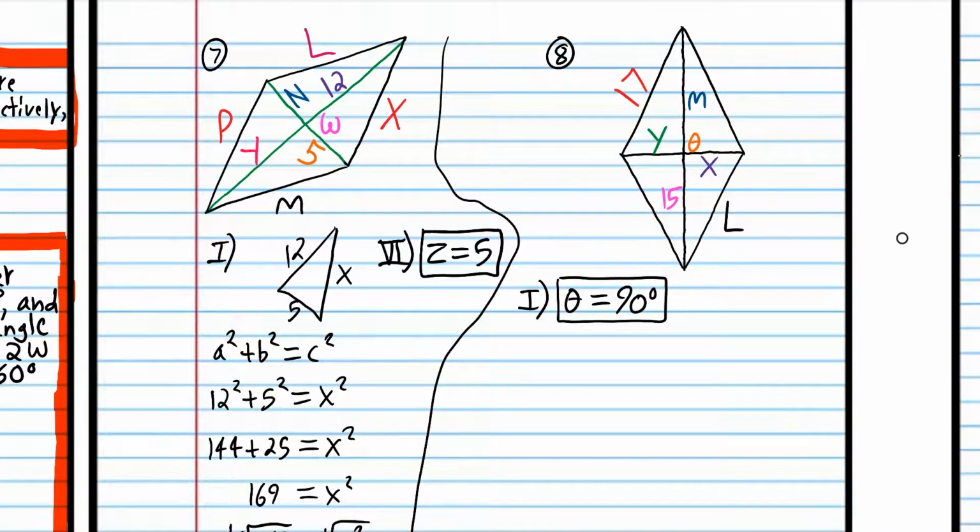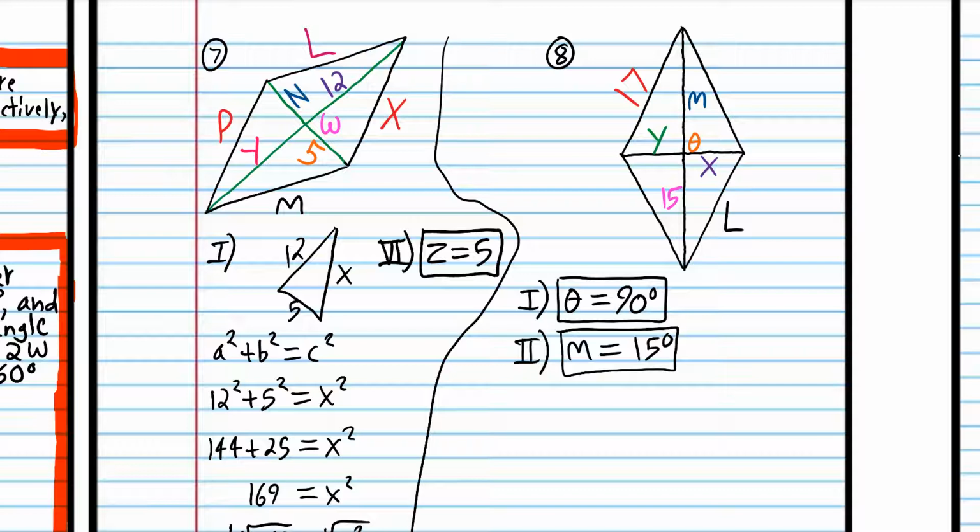M has to be 15 because that diagonal is bisected. This diagonal is bisected, so M has to be the same length as this segment.